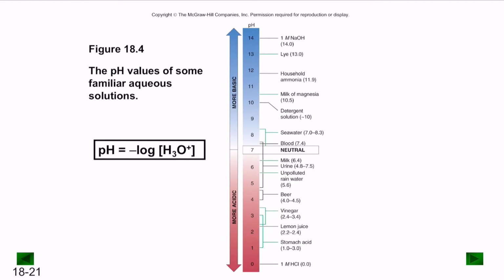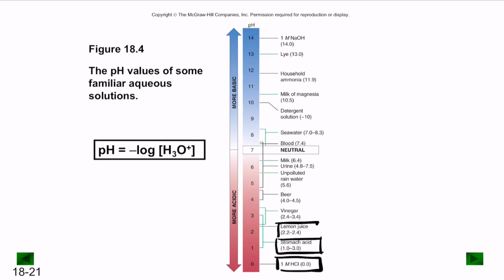And let's look at some of the common household items that we generally see with various pH values. 1M hydrochloric acid has a pH value of 0, which is really strong. Stomach acid ranges around 1 to 3 depending on whether the stomach contains food.